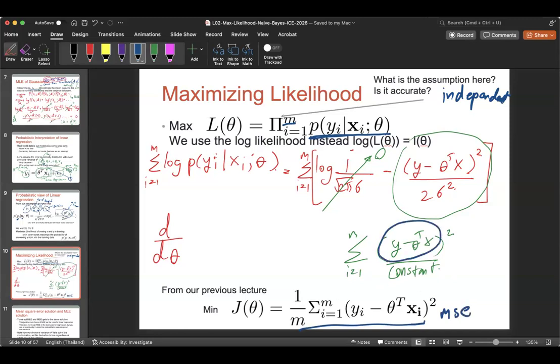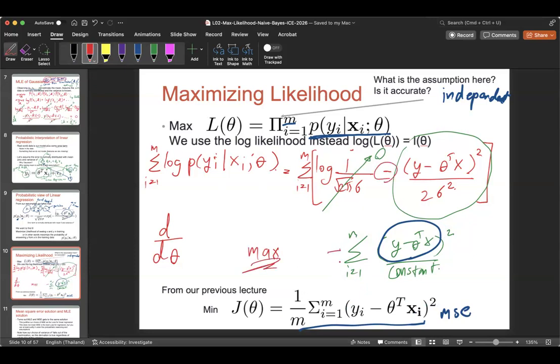Some difference, a sum of squares. This is a sum of squared differences. But this is something we want to maximize, and there's a negative here.